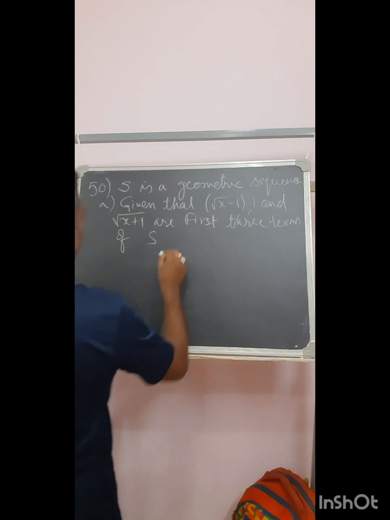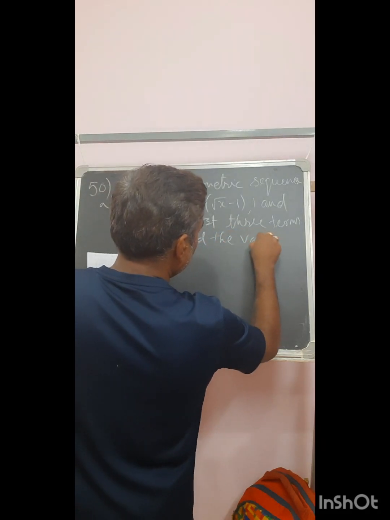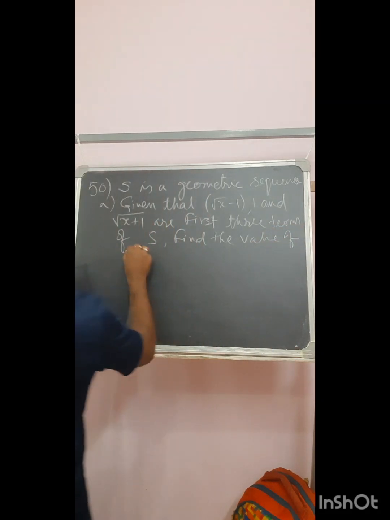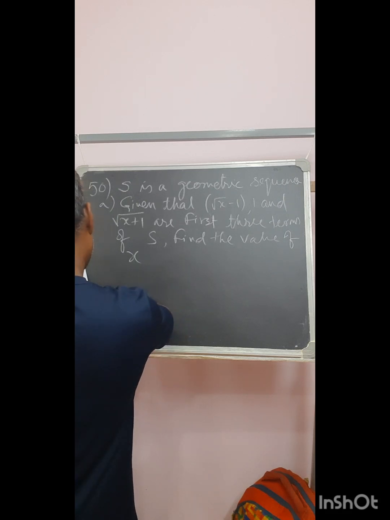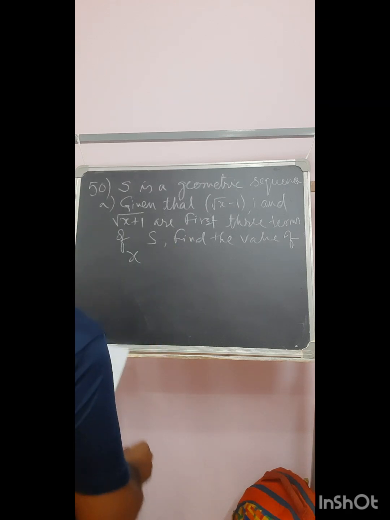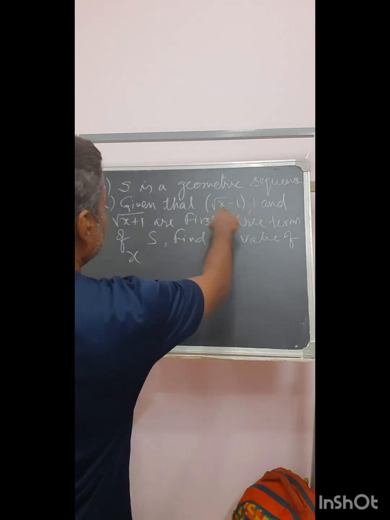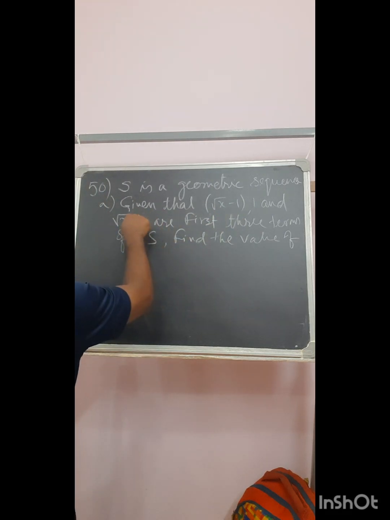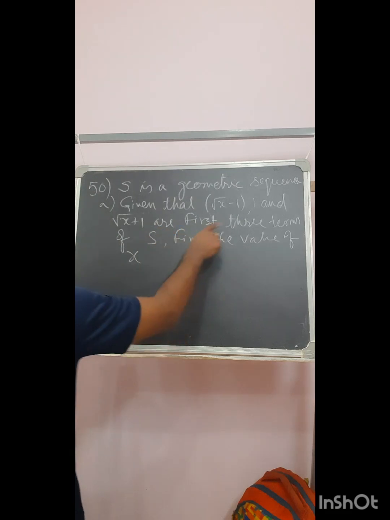Okay, find the value of x. This is that problem. The first problem is that these three terms, root x minus 1, and root x plus 1 are three consecutive terms.